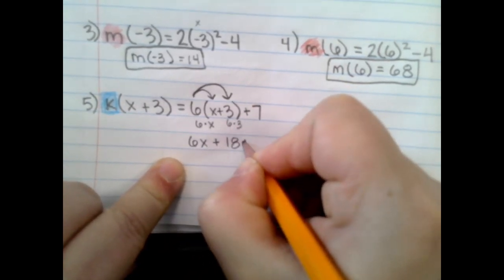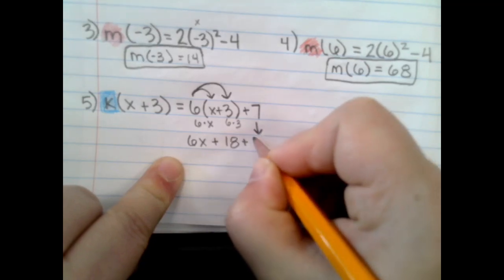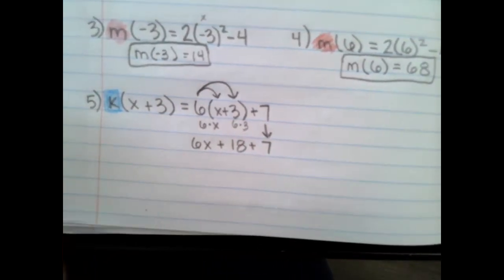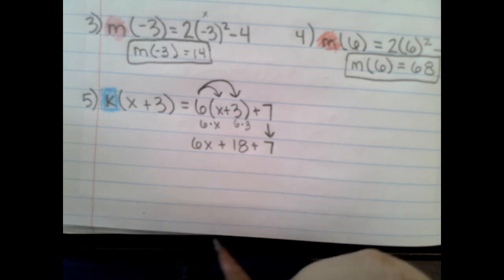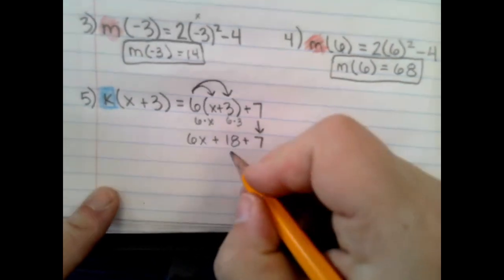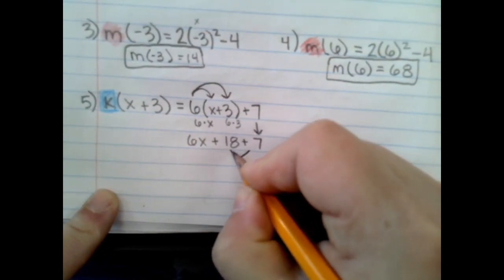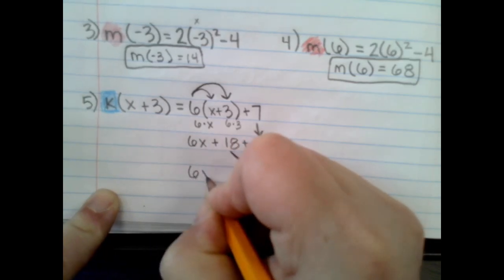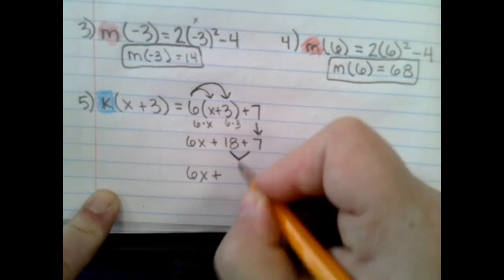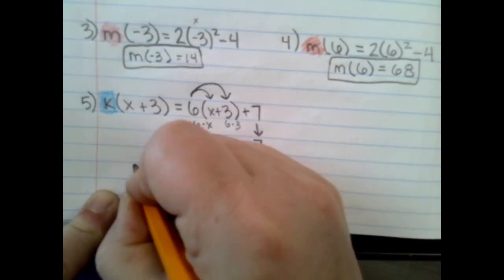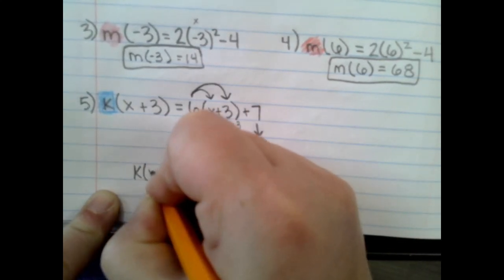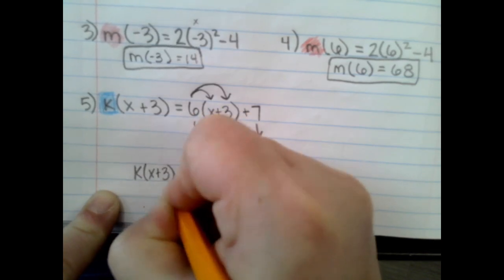But then I still have this plus 7 hanging out at the end. So what's my last step going to be simplifying this? Adding what? Good. 18 plus 7 are constants. So 6x plus, what's 18 plus 7? 25. And then I'm going to rewrite that out as k of x plus 3 equals 6x plus 25.